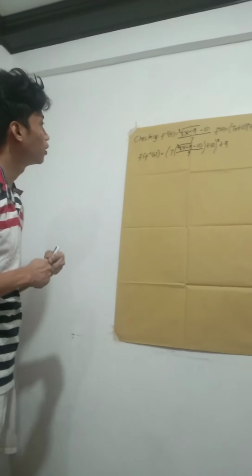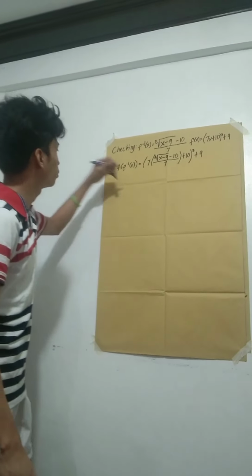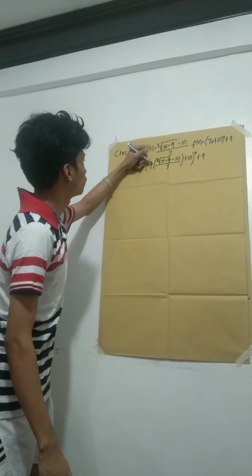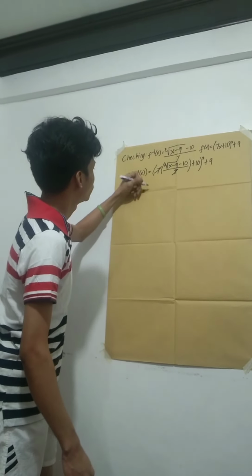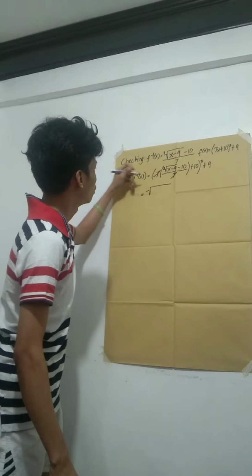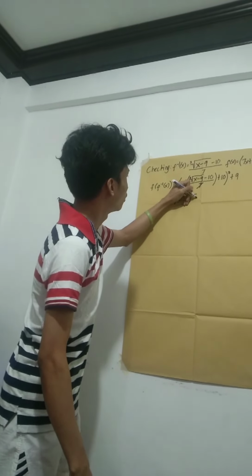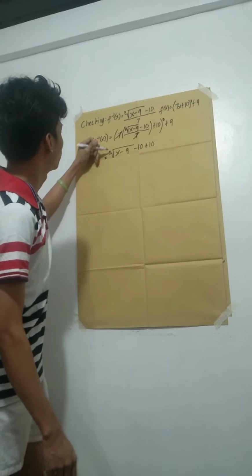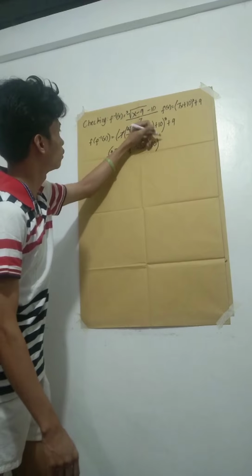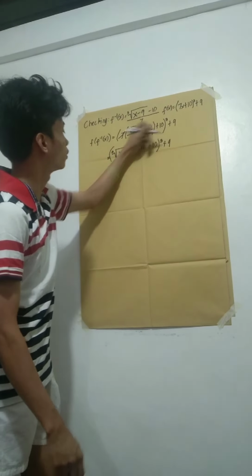That's it. So we're going to remove the denominator or cancel that out. So that would equal the cube root of x minus 9 minus 10 plus 10, raised to the power of 3, plus 9.